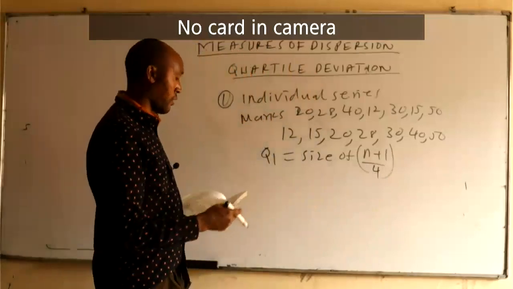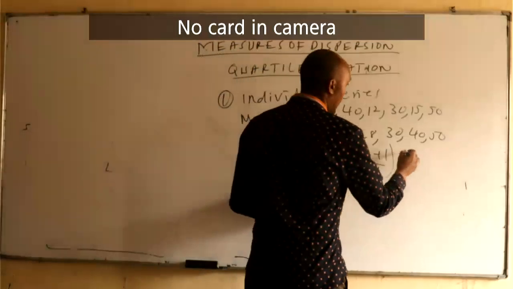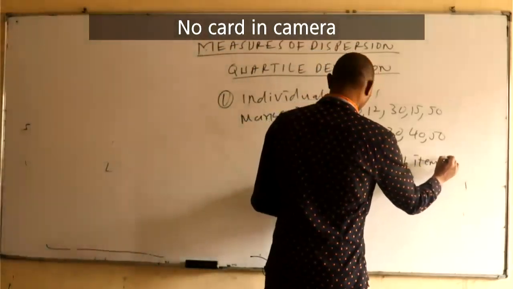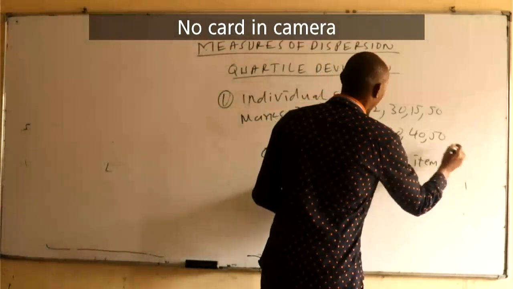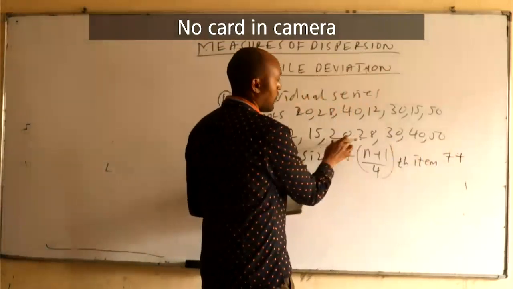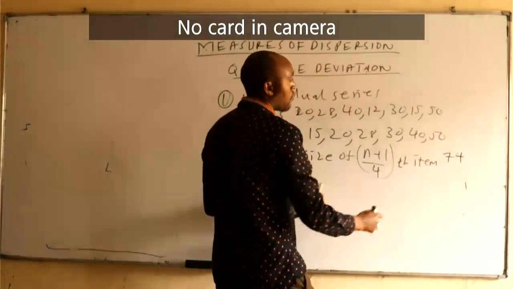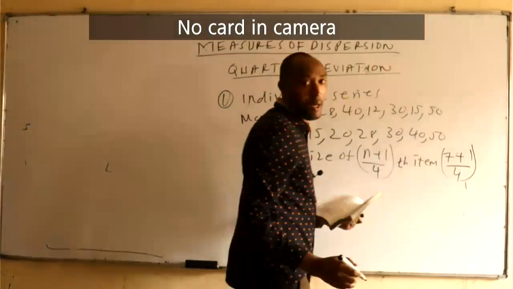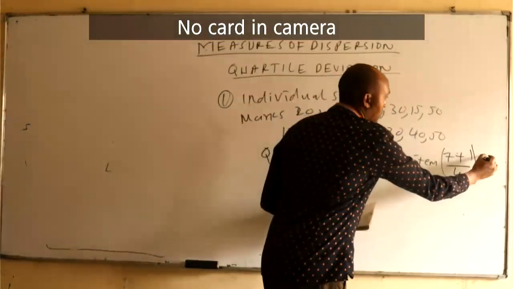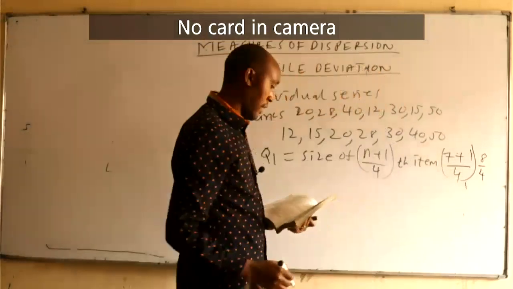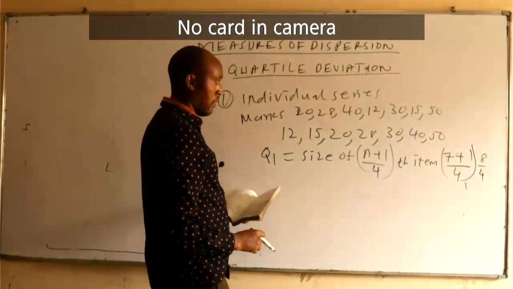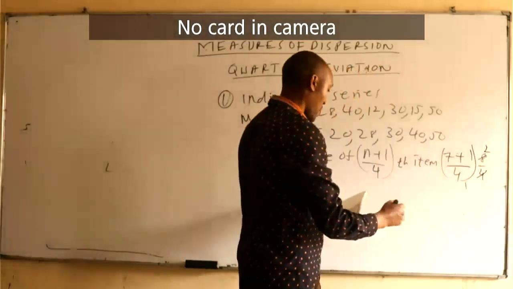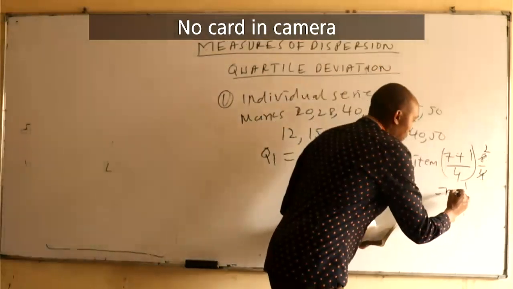Here n is the number of items, which is 7, so 7 plus 1 divided by 4 is 8 over 4, which gives us 2. So it is the second item.